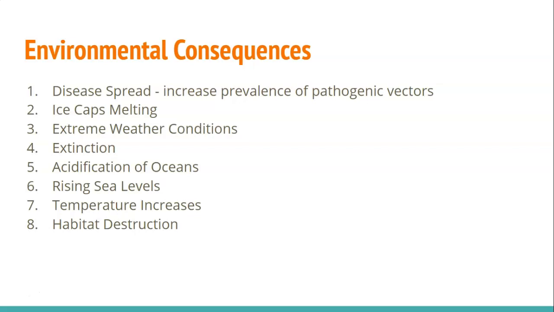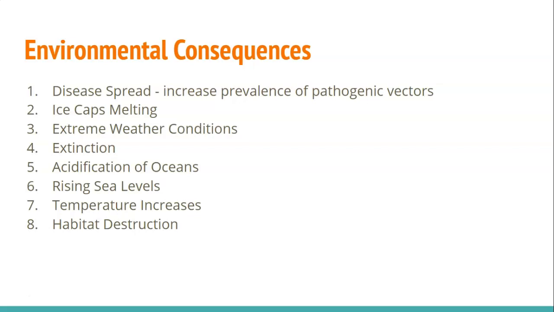So extreme weather, extinction of animals because they cannot survive in this new world with all of these changes, acidification of oceans. Making oceans more acidic is causing extinction, so some organisms can't live without the coral reef.